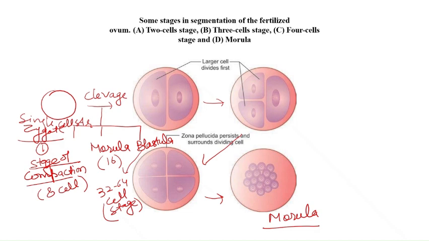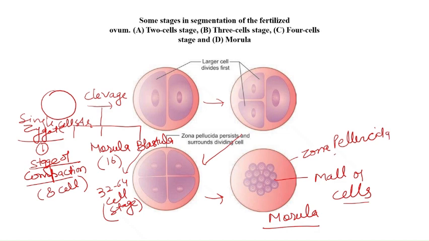You can see there is a mass of cells. This is just a mass of divided cells that is surrounded by a layer known as zona pellucida. And all these changes inside the fertilized ovum occur when it travels through the fallopian tube to the uterine cavity.